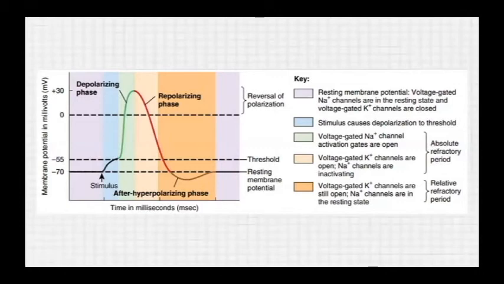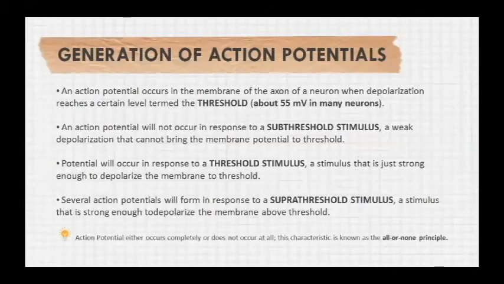Moving on in the generation of action potentials, an action potential occurs in the membrane of the axon of a neuron when the depolarization reaches a certain level termed the threshold, which is about -55 millivolts in many neurons. So to generate an action potential, we should reach the threshold of about -55 millivolts.